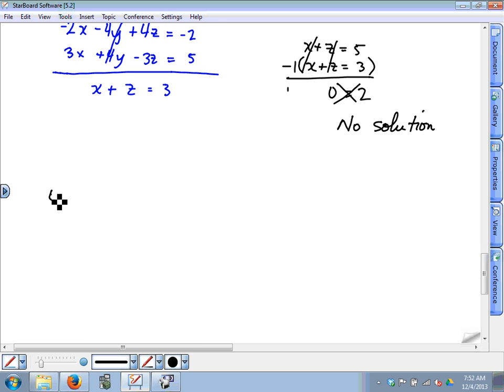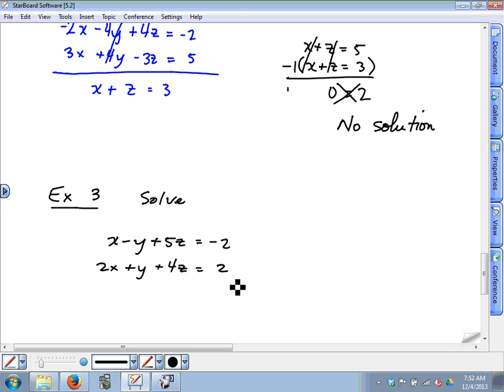Let's take a look at example 3. Solve x minus y plus 5z is equal to -2, 2x plus y plus 4z equals 2, 2x plus 4y minus 2z.